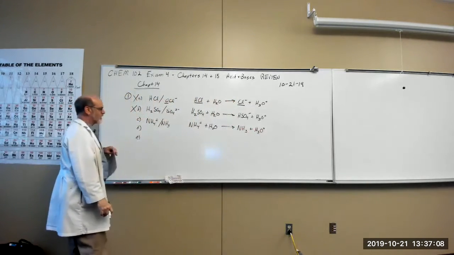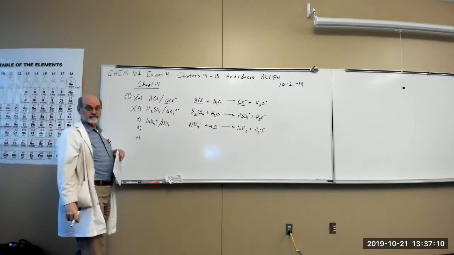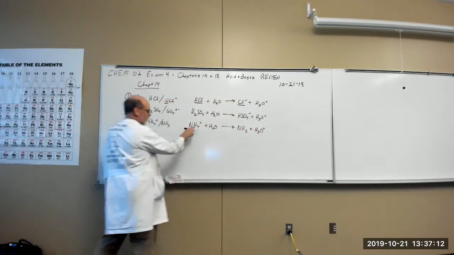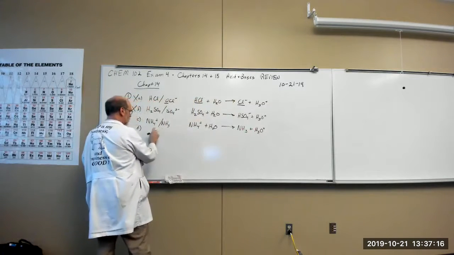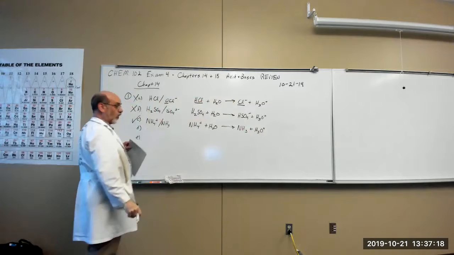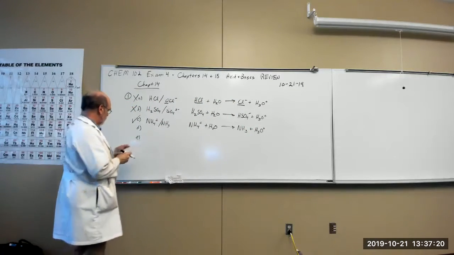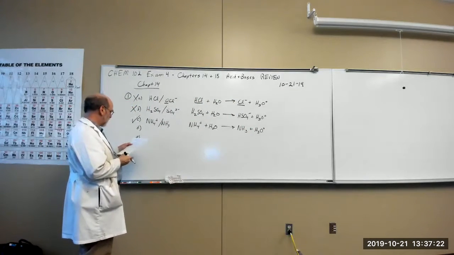Is that an acid-base pair? Yep. Lost only 1 proton and left us with the conjugate base here. That's 1. Now, if D's a good one, then E's the answer.